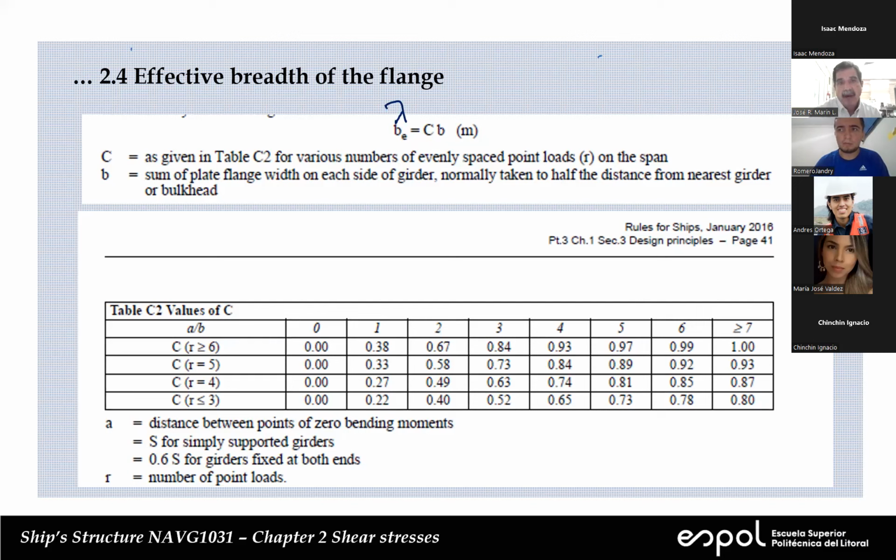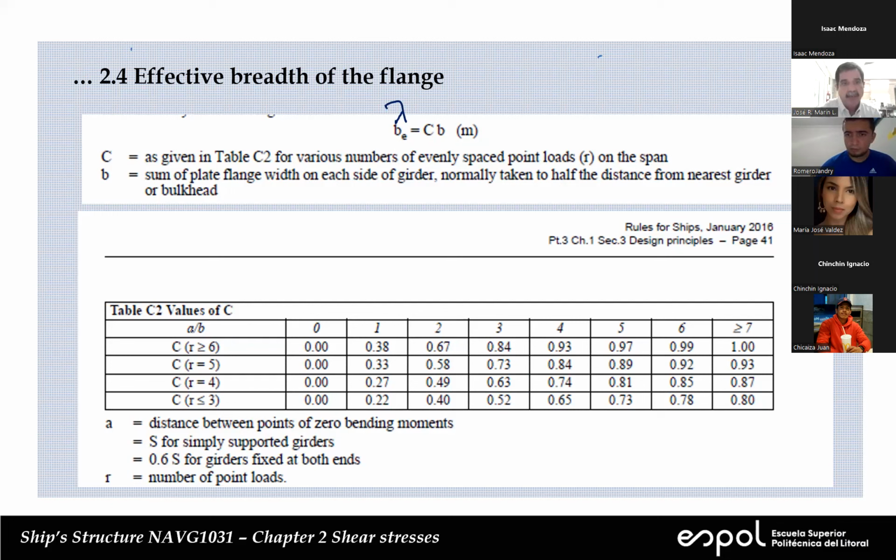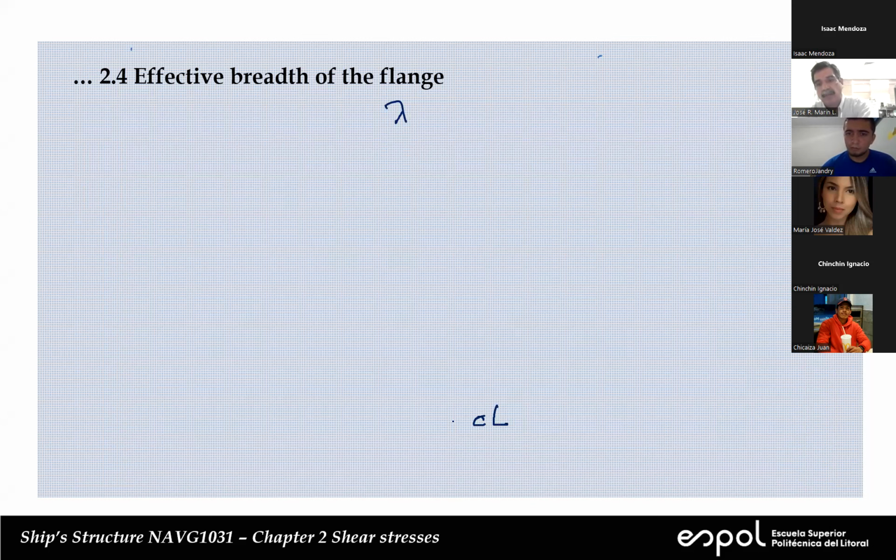Now, how do we get C? To get C, this is what they present. They have a ratio A over B, and they have these constants, or these rows, each one of these for these values of R. Now, let's see. What is A? A is the distance between points of zero bending moments. So that's equal basically to c times L in Shady's work.